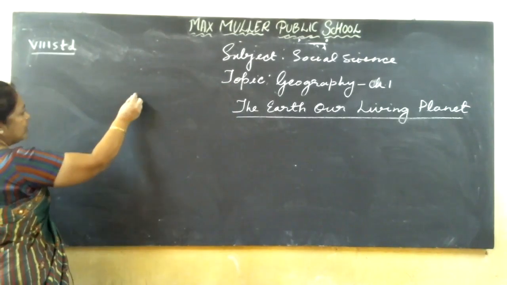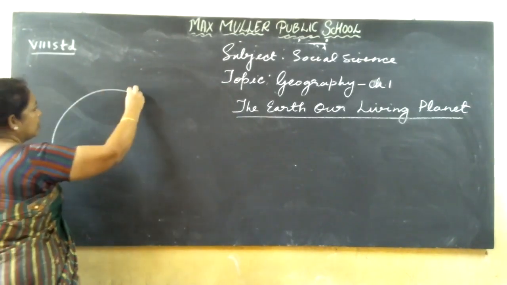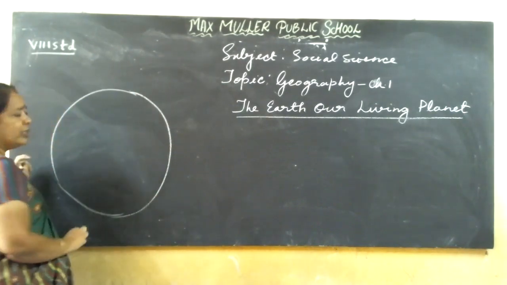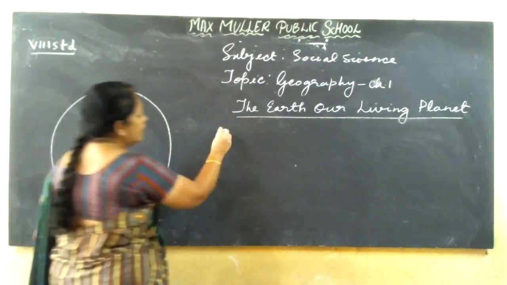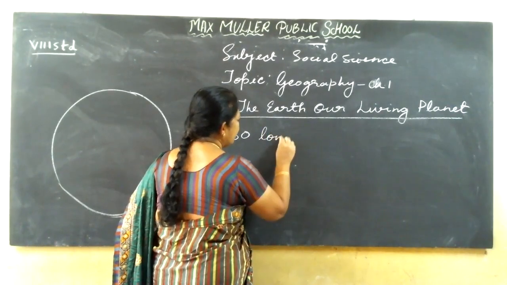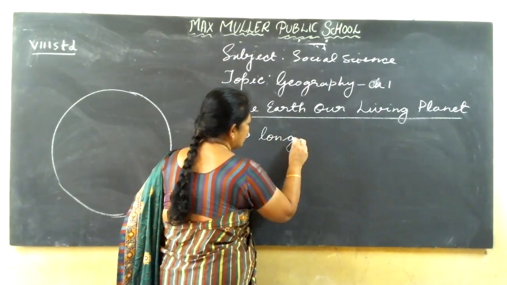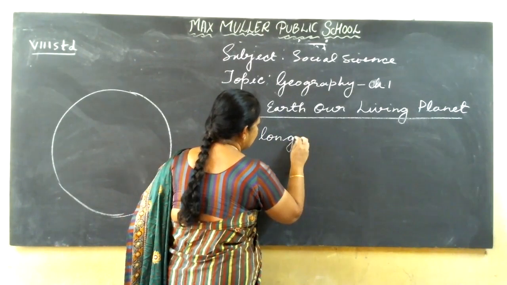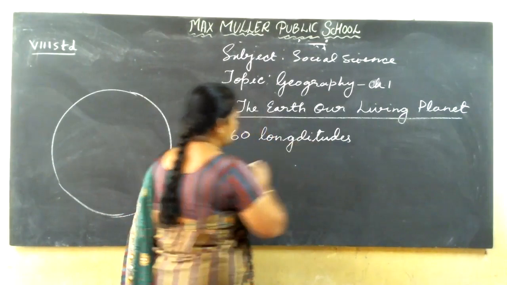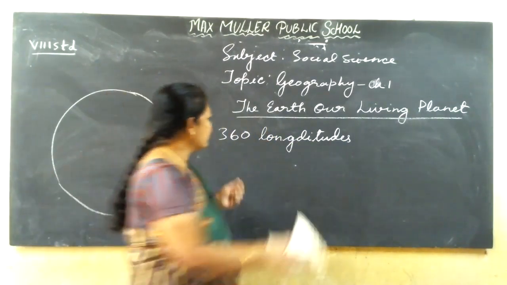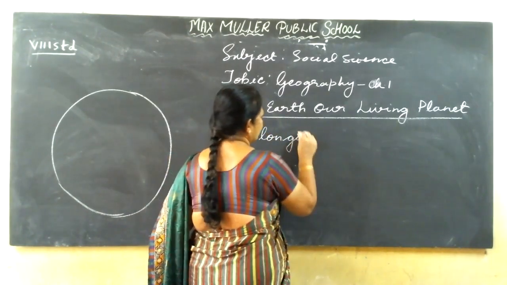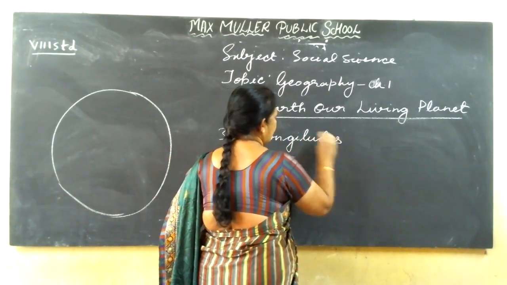Now suppose this is the earth, right? And the longitudes, we have 360 longitudes. How many? 360 longitudes. Got it?